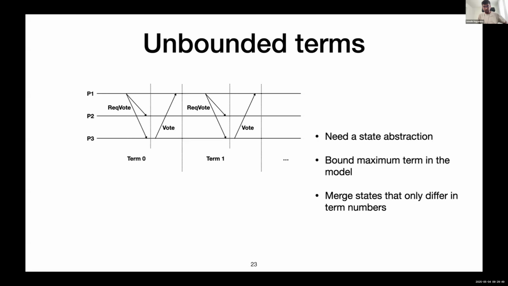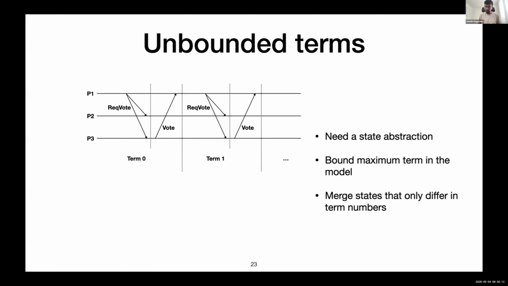And the other thing we did is we merged two different states that only differed in term numbers. If the processes are in different terms, but everything else is the same about these states, you can collapse them, because whatever you are going to see in one, you will also see with the other.